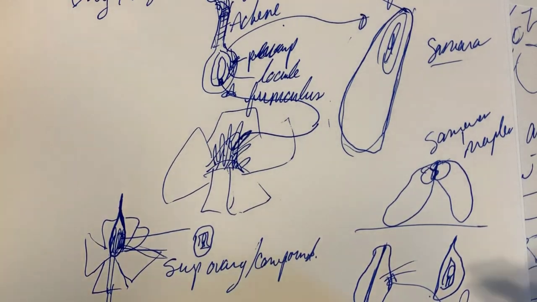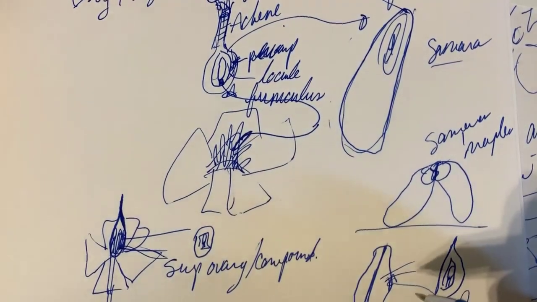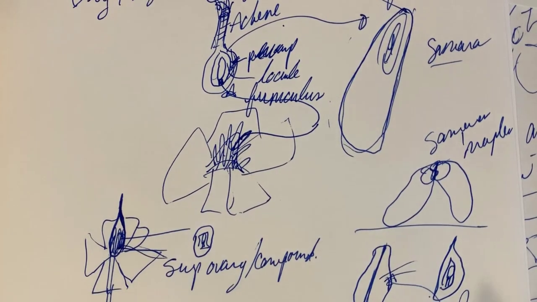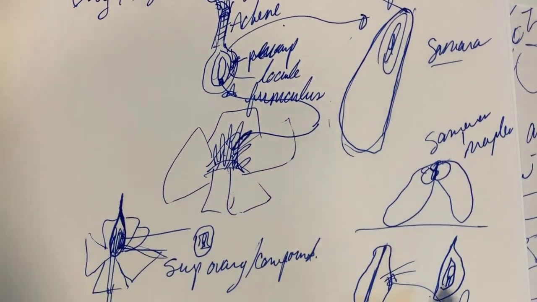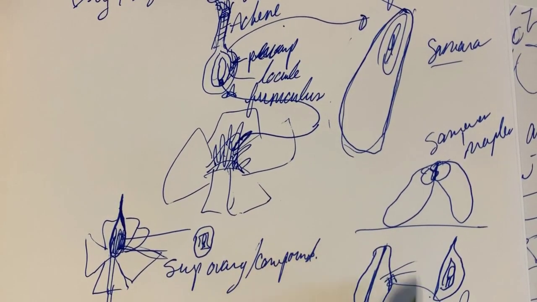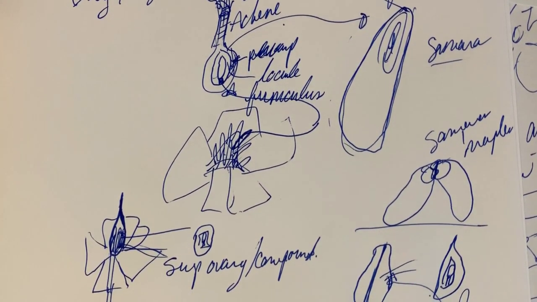Typically, you'll hear schizocarp used at other times, but it's most appropriate for the fruit that's formed within the Apiaceae, or that carrot/parsley family, okay?